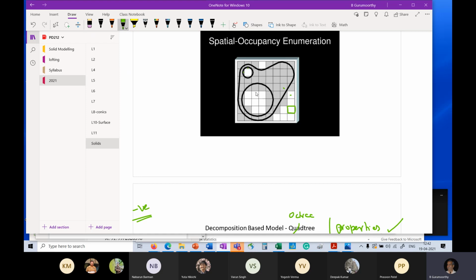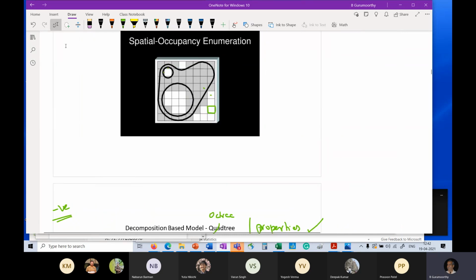It's not circular. And for me to get a better approximation, I have to reduce the size of the cells. Then I can do a better job of trying to get as close to the circle as possible. So the first negative thing is that this is approximate.